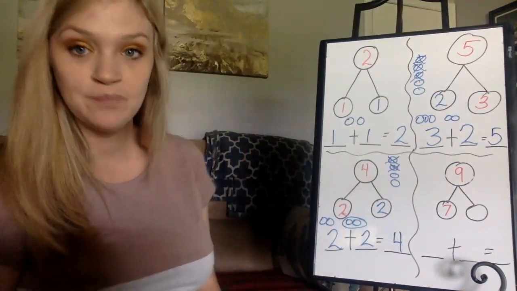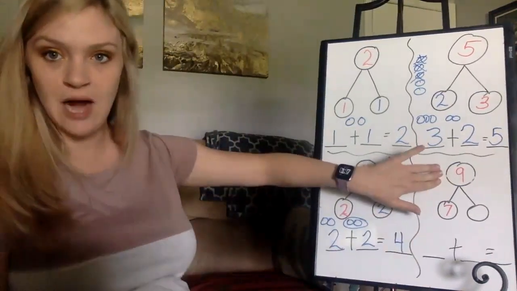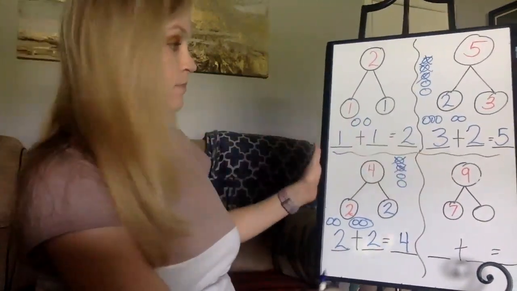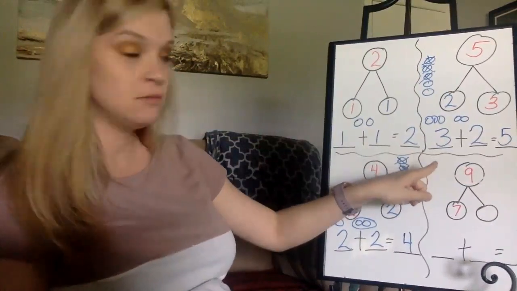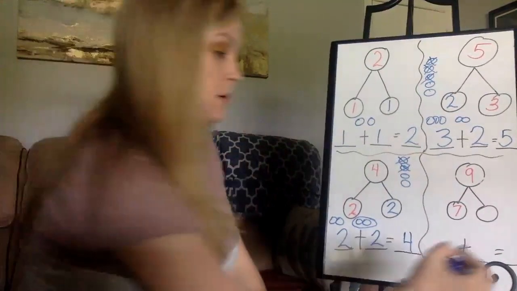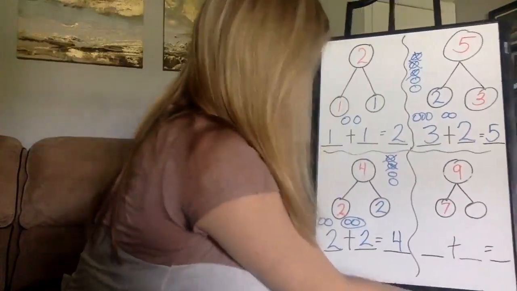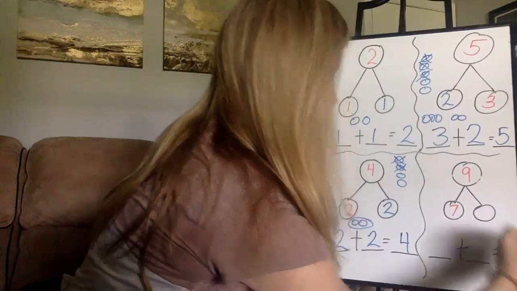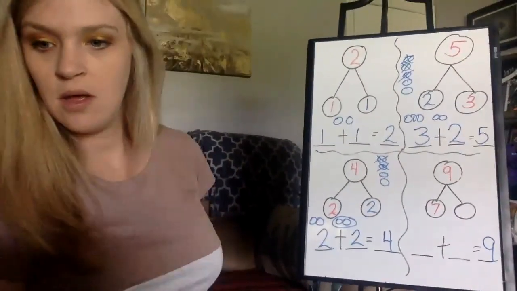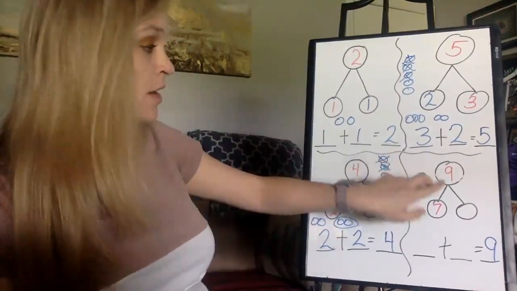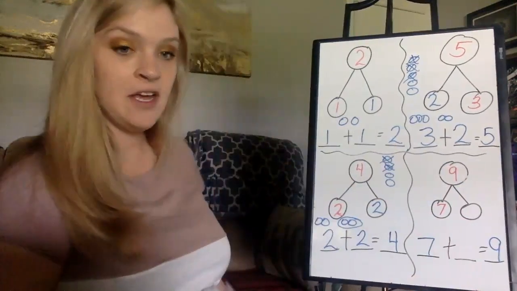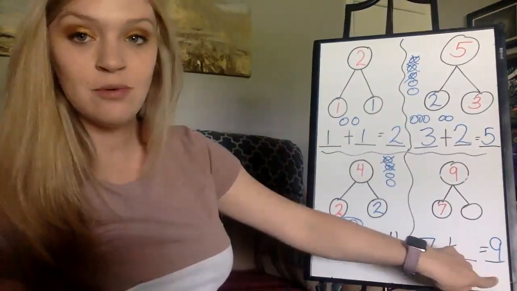Okay, now we've got a bigger number. Let's try to solve this one. My big number is 9, and I remember we said that's our answer, that's our sum. Now we're breaking 9 apart. I know I have 7, so I need to figure out 7 plus what equals 9.